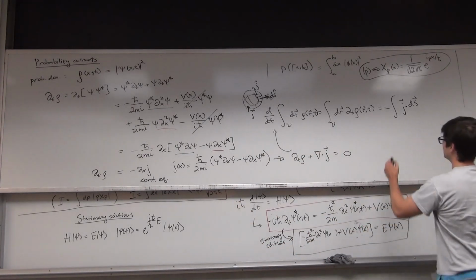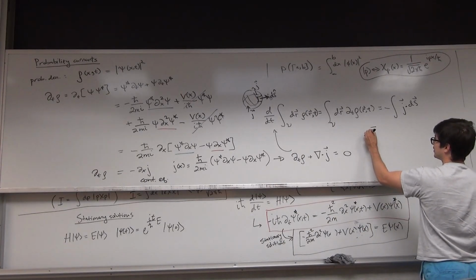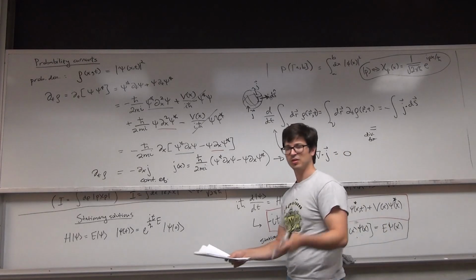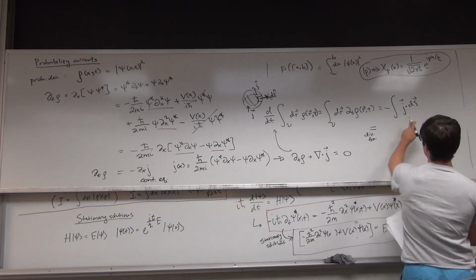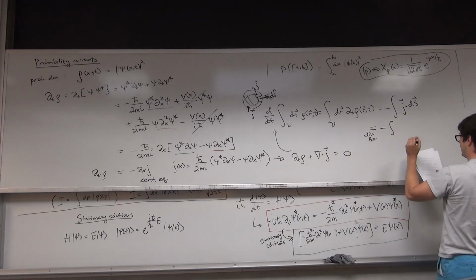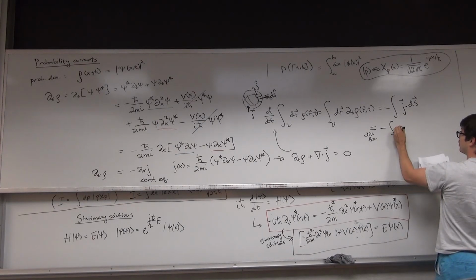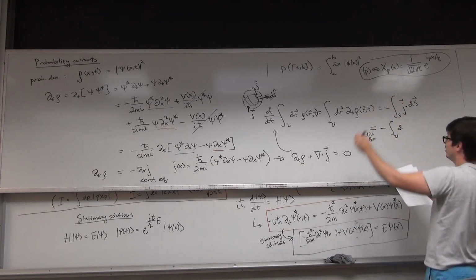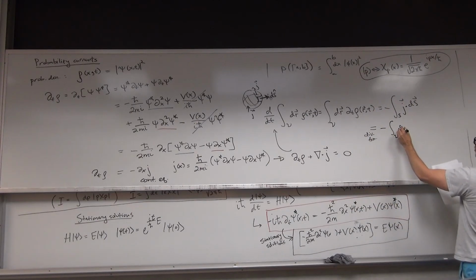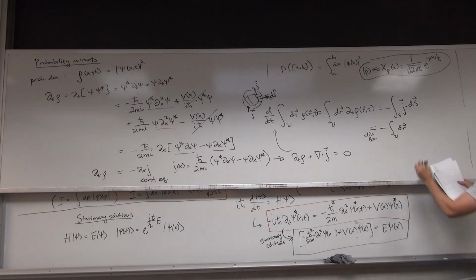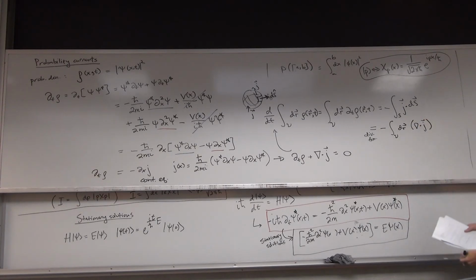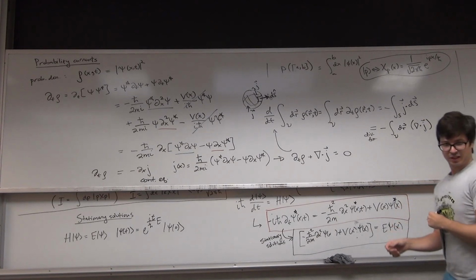And now you can use the divergence theorem, which you should remember from E&M or what have you. This integral over the surface area must be equal to the integral over the volume that the surface is covering, of the divergence of J. And now we look at this here.